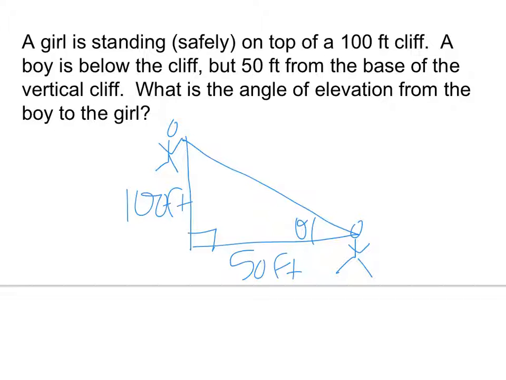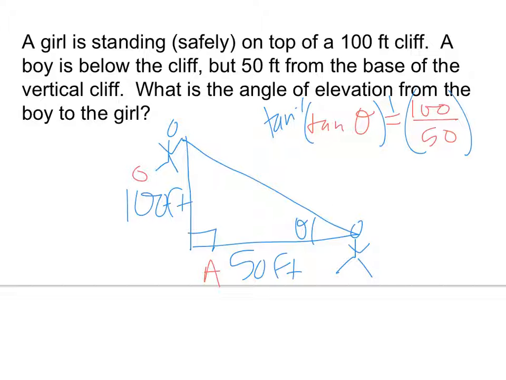So again, I have my opposite and adjacent, so tan of your angle is equal to your opposite over your adjacent. I need to get rid of the trig function tan, so I have to do inverse tan on one side, inverse tan on the other side. These two cancel, so my angle would be 63 degrees. For angles, you should always round to the nearest degree.